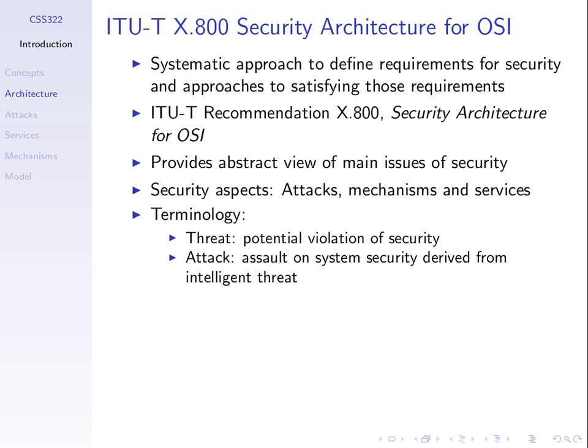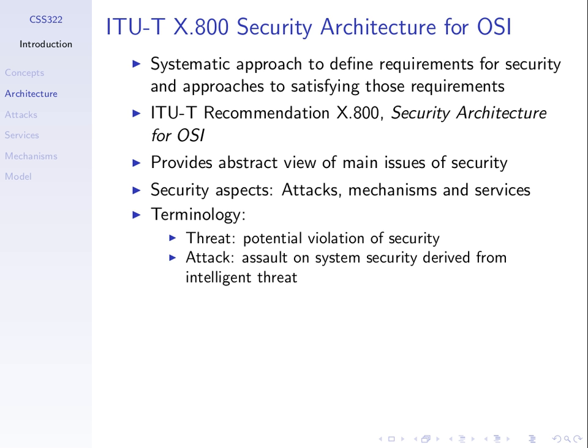That's what this standard, the X.800 security architecture for OSI, talks about. It's a document or a set of documents that defines what we mean by security and what the different mechanisms for providing security are. We're just going to take some key terminology and concepts from this standard.